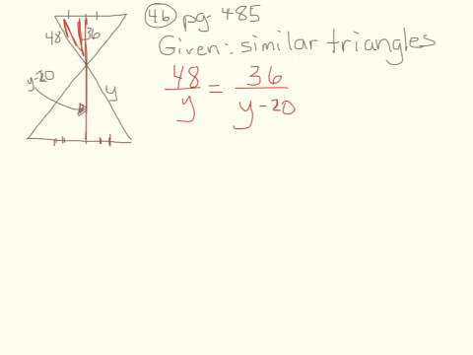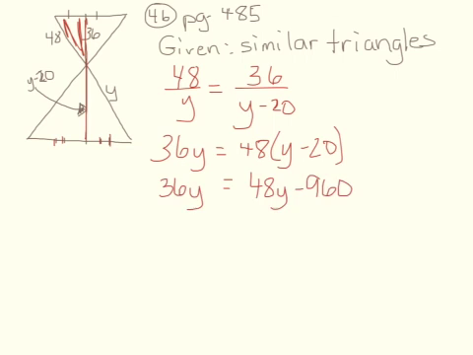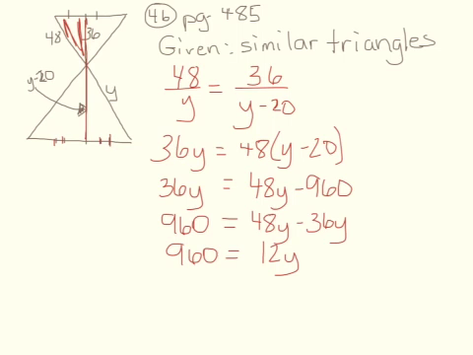So I cross multiply and I get 36Y equals 48 times (Y minus 20). Then I'll distribute. After I distribute, I get 48Y minus 960 equals 36Y, and I'll put my like terms together.